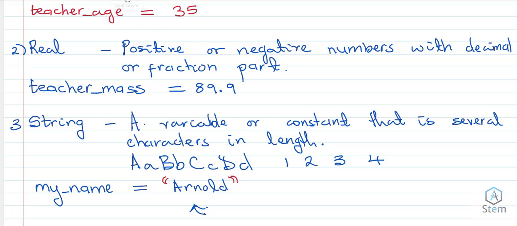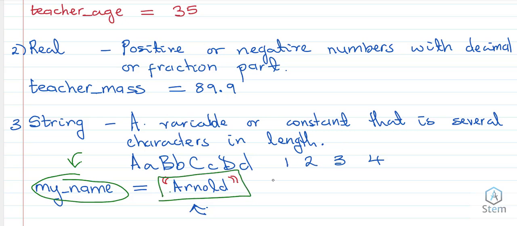All right. For fear of bringing some confusion, let me say the following. This is the variable name. This is the variable which is holding the value Arnold. The variable name must not be put in quotation marks. Only the value must be put in quotation marks.